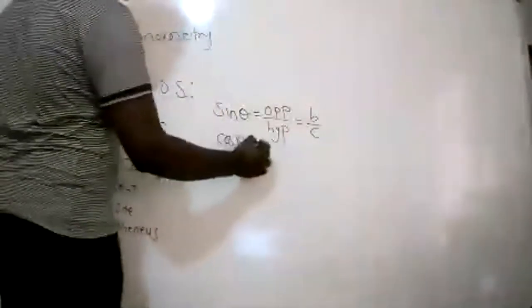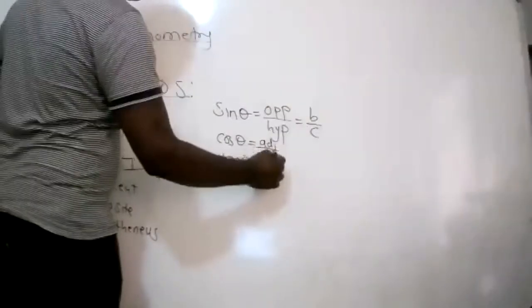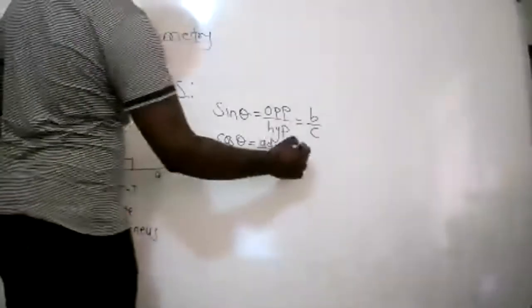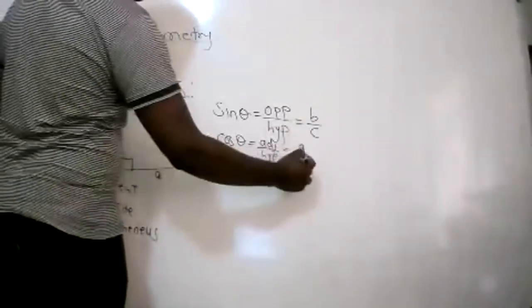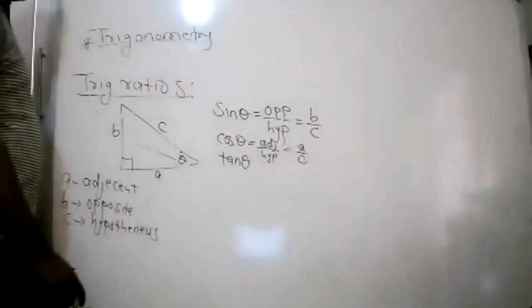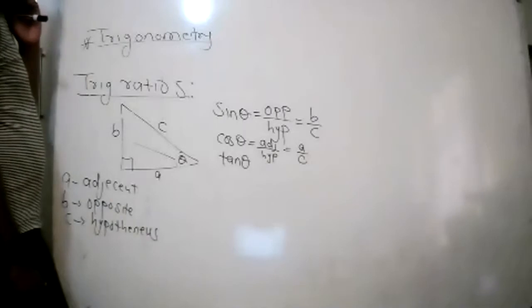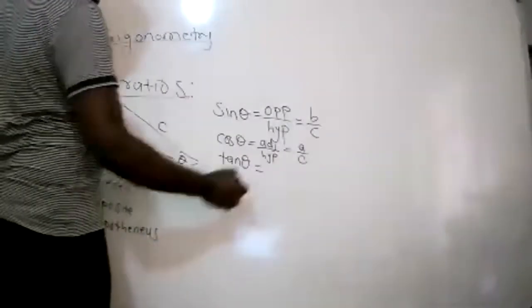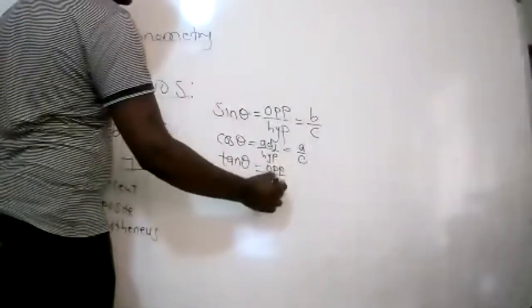We can quickly go to the second one, which is cos theta. So cos theta is adjacent over hypotenuse, right? In this case adjacent is A, and then you divide this A by the hypotenuse, which is C. Is that clear? All right, and then we can do the same for tan, which is given as the opposite over the adjacent.